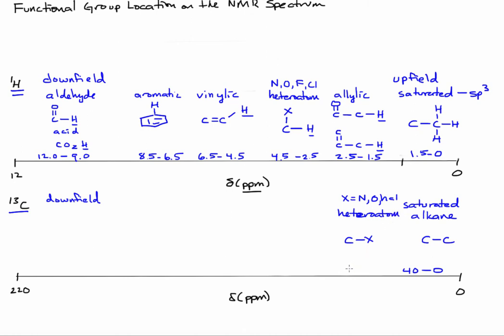These occur between 60 to 30. So notice there's a little bit of overlap here in terms of these ranges. So the next region we encounter in terms of functional groups from 60 to 90 parts per million are alcohols. COH.